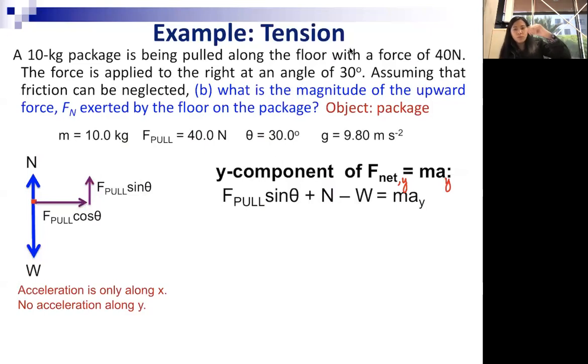If you pull your package, it will move along the floor. Yeah, I know you might think that the package might be slanted a little bit, but usually to simplify things, if we say that the package is pulled along the floor, even if it's at an angle, we are assuming that it's not bouncing up and down.